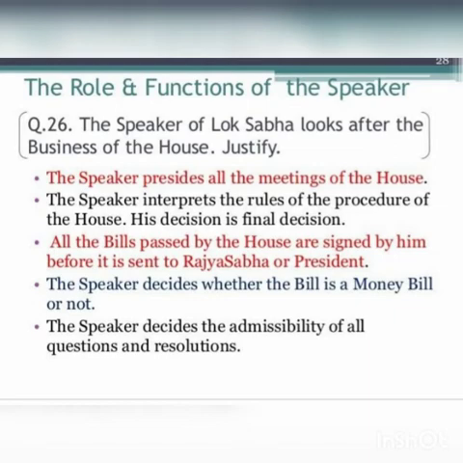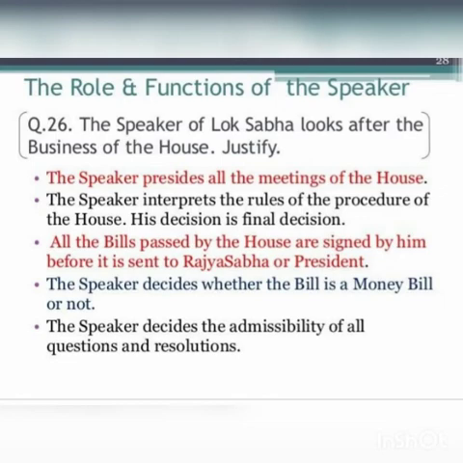Now, these meetings that are conducted in the House, he has to conduct them in a very orderly manner. No member can speak in the Lok Sabha without the permission of the Speaker. The Speaker decides the points of order.